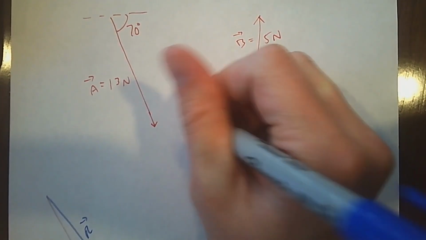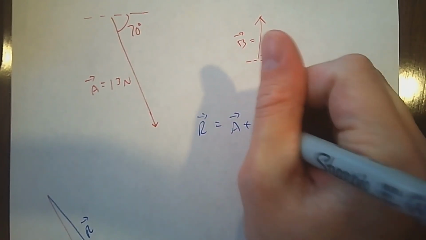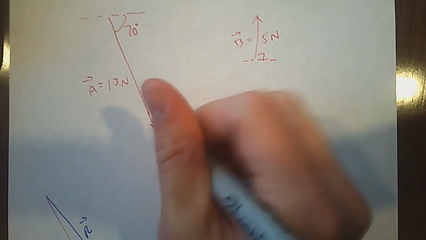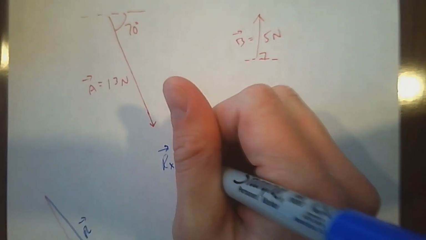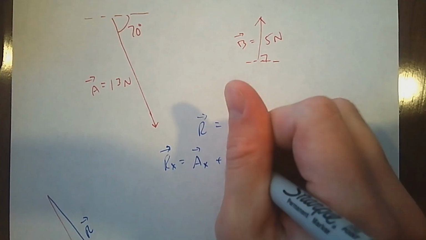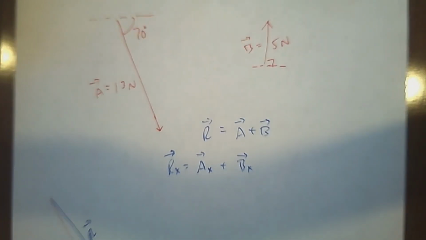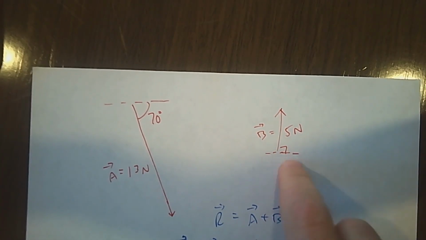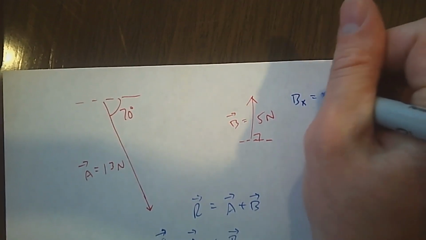So the resultant vector R is the vector sum of A and B, which means that the x component of vector R is the x component of A plus the x component of B. Now, quickly, as I look up at my diagram, there is no x component of vector B, right?